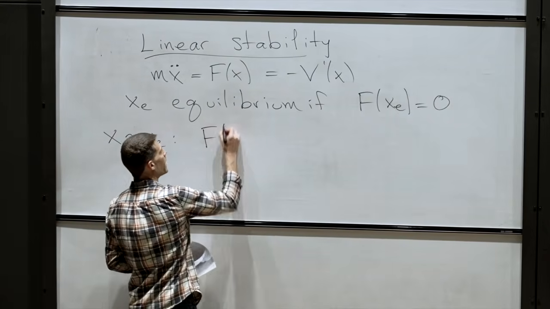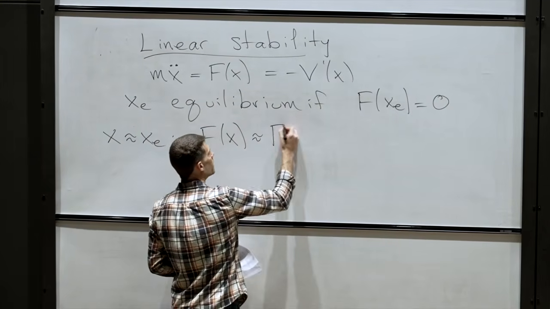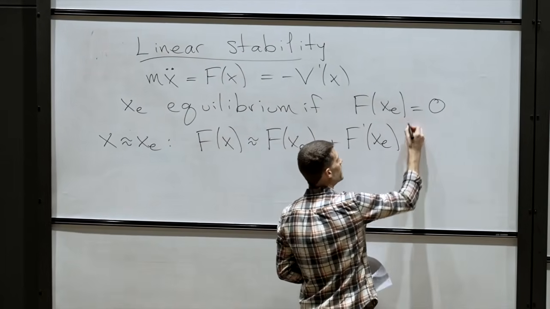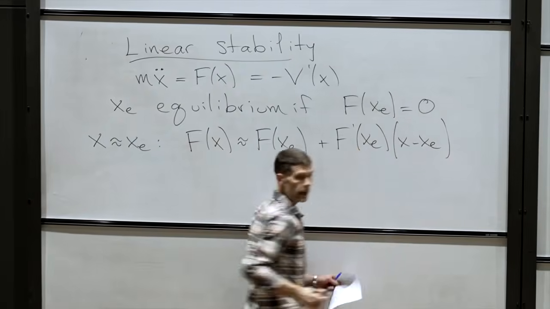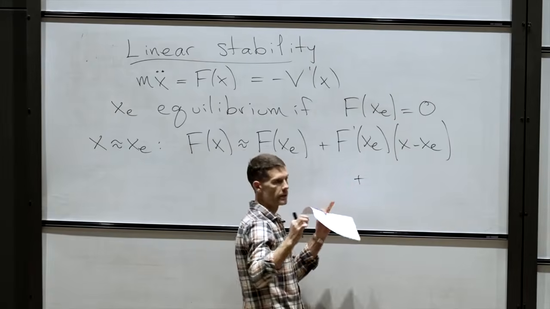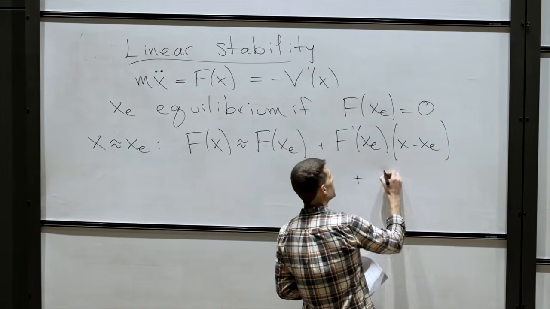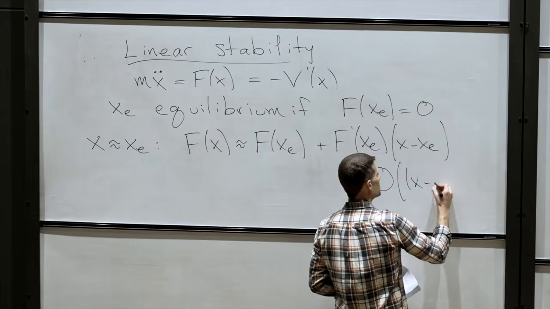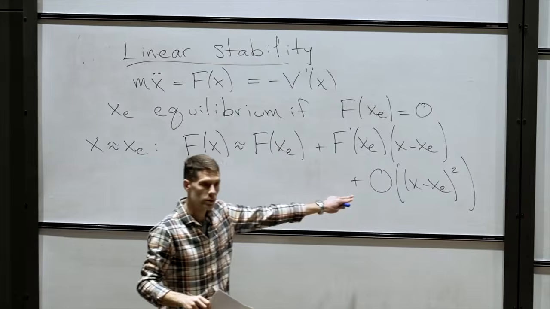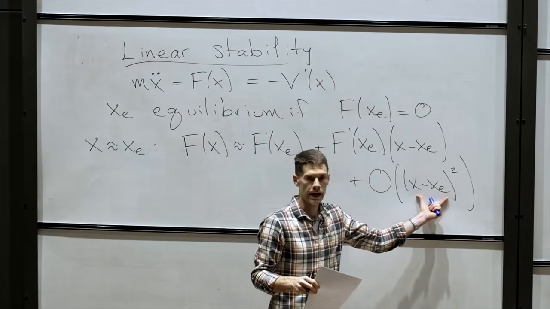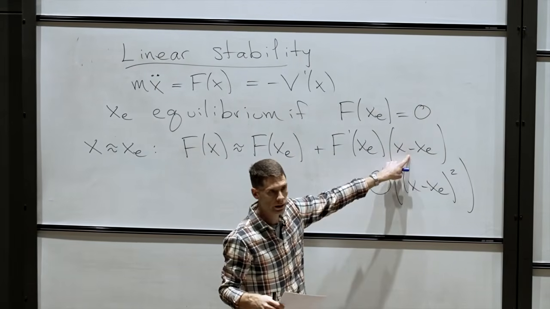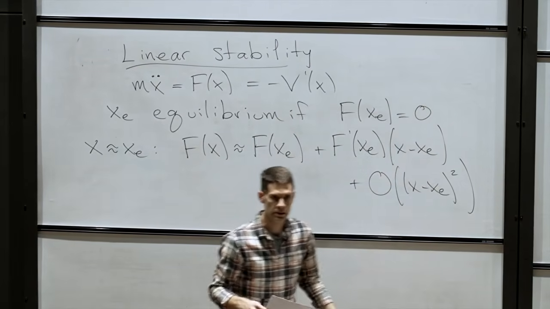So I write f of x is approximately f of xe plus f prime of xe times x minus xe plus, okay, it's infinite, but we can sort of smush all the rest of the terms into big O of x minus xe squared. I don't know if you've seen that notation before, but that just says that everything else is x minus xe squared or smaller. I'm taking x close to xe, so that term is smaller than that one, and x minus xe cubed is smaller than that, and so on.